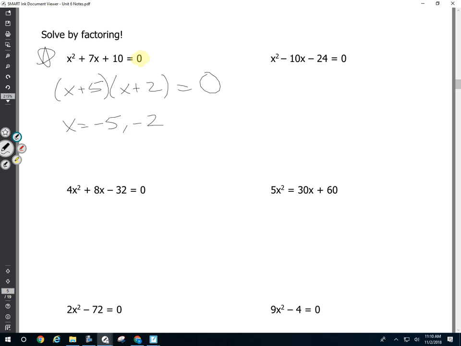So let's do this next one. And do the third one. Yep. 12 and 2, not 6 and 4.